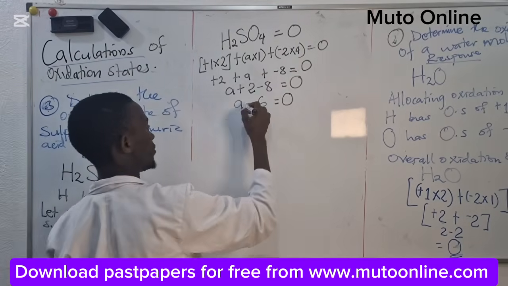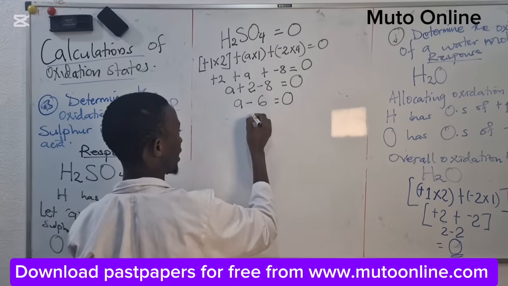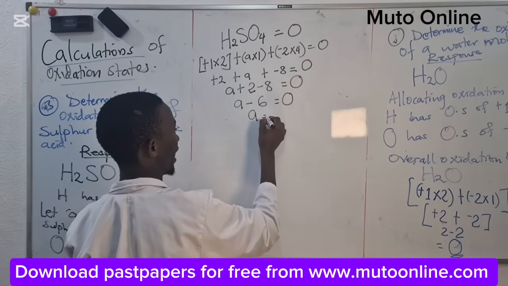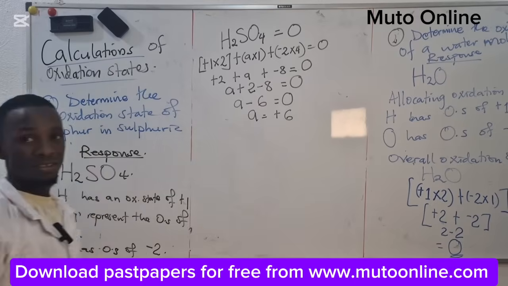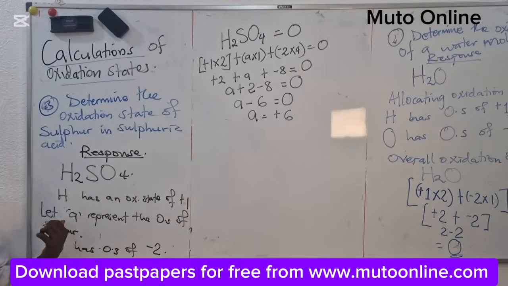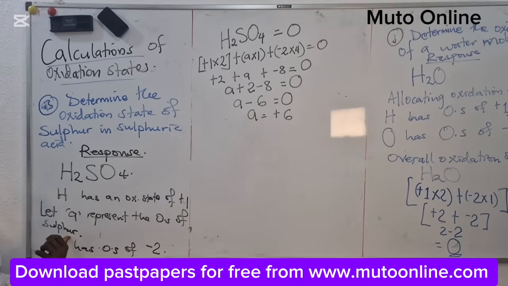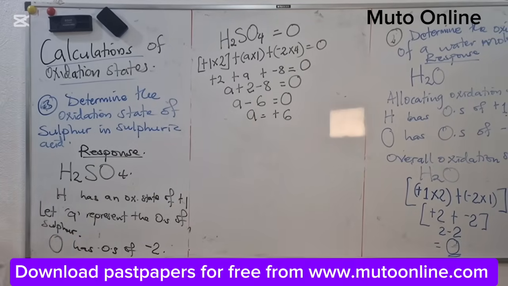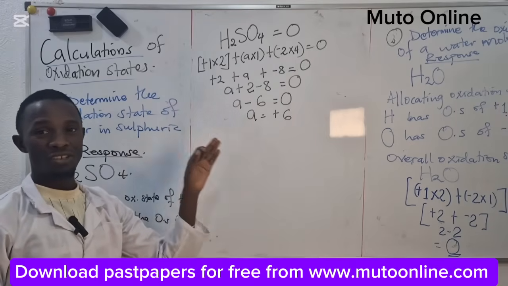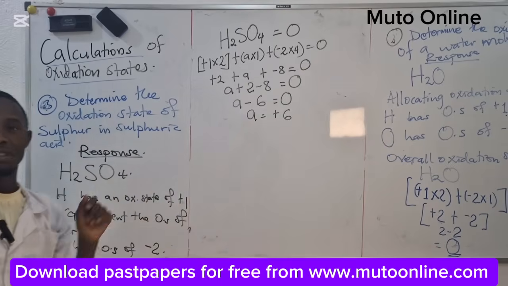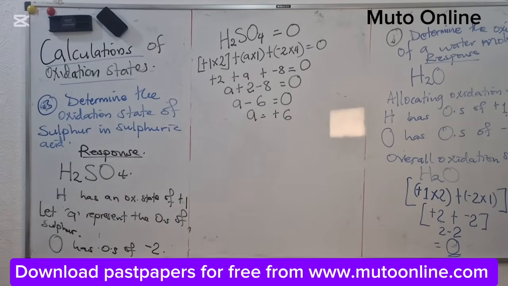So when we correct like terms, when this one comes the other side, we shall remain with A as positive 6. And we said A is representing the oxidation state of sulfur, which was asked in the question. So we shall come and say, therefore, the oxidation state of sulfur is positive 6. Let me think the things are simpler now.